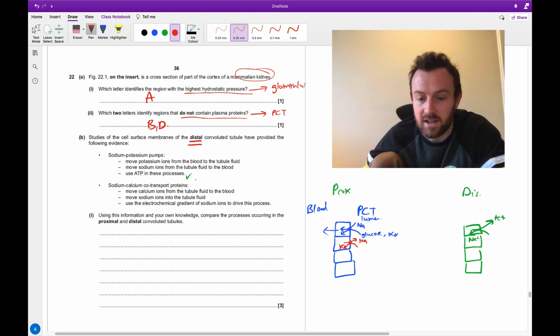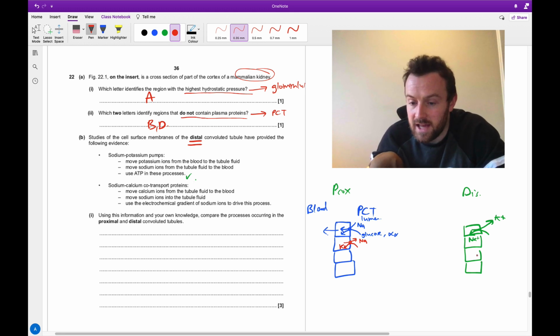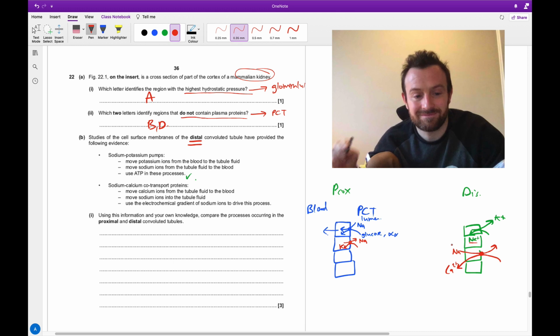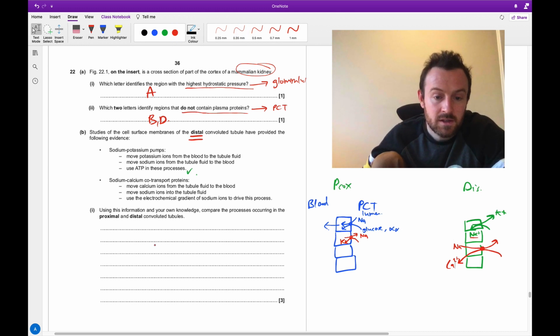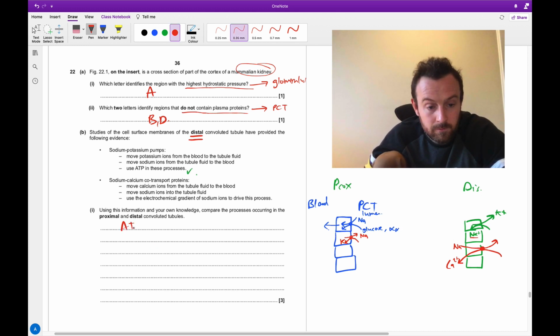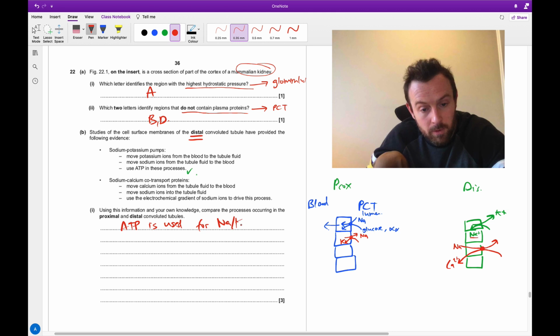Okay, so what's going on here is that essentially we've got another co-transport protein, but it's using the gradient of the sodium, which is coming back out, but at the same time the calcium's going in. Okay, so comparisons. ATP is used for the Na-K pump in both circumstances.